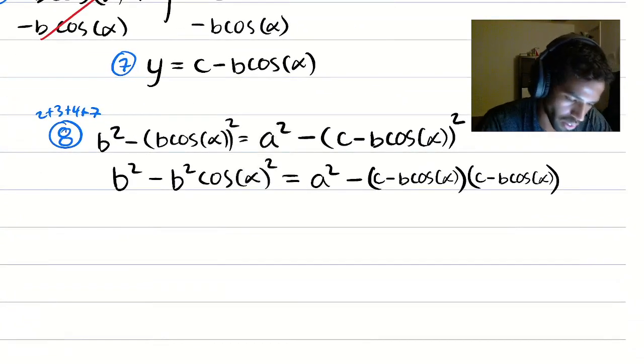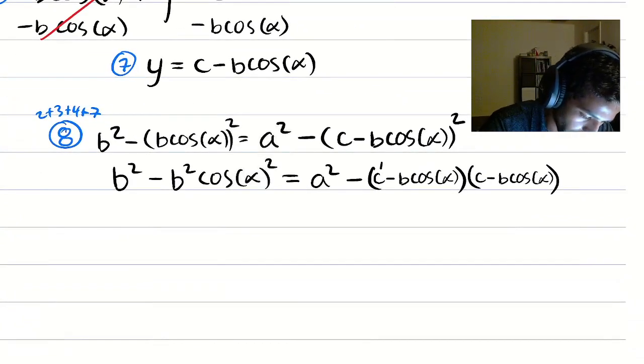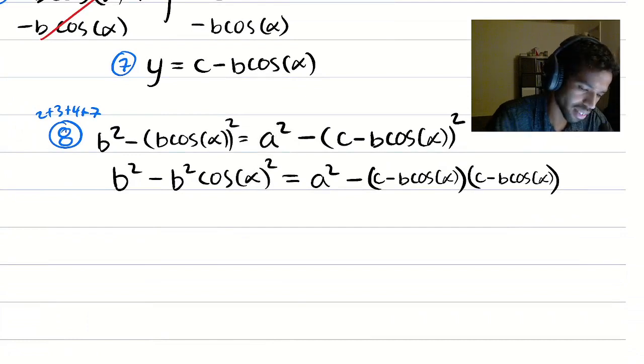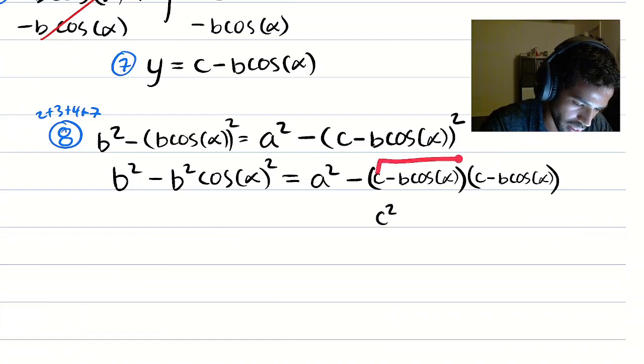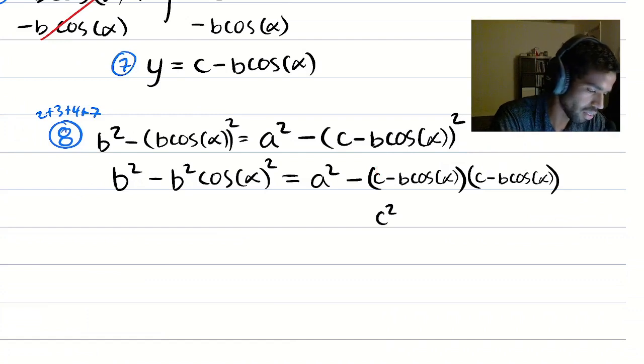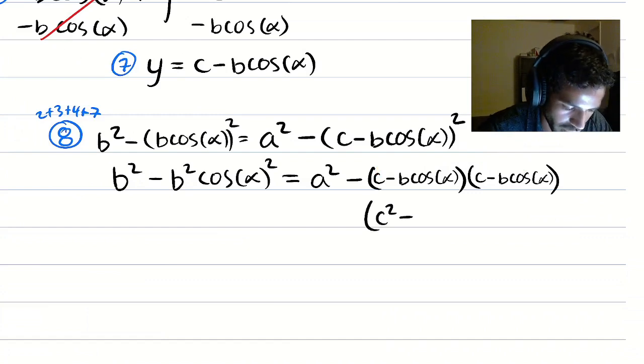So now we FOIL. So first, outside, inside, last. Okay, hopefully you guys know how to FOIL. And then we multiply these two numbers first. That's c squared. And then we're going to multiply c times b cosine alpha. That's going to be minus. I'm going to put parentheses around this because we're going to have to distribute that negative in front.